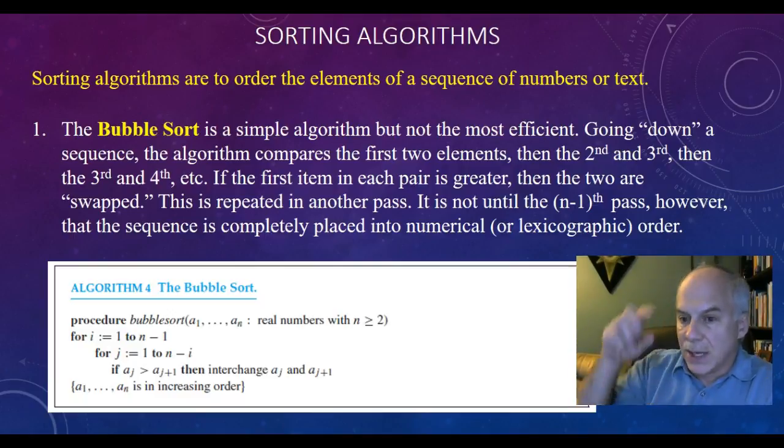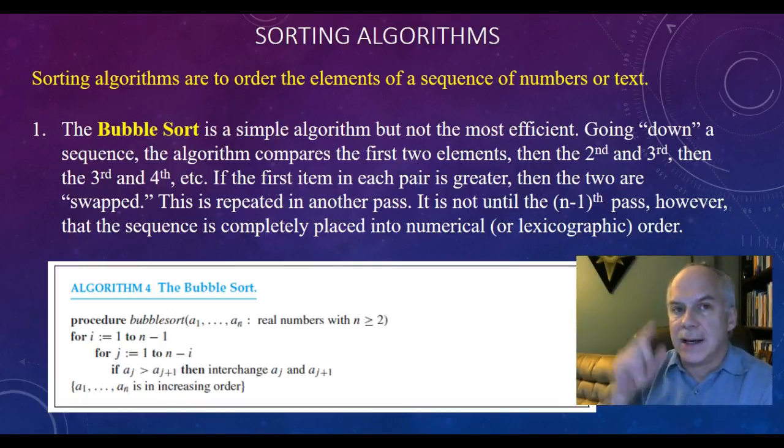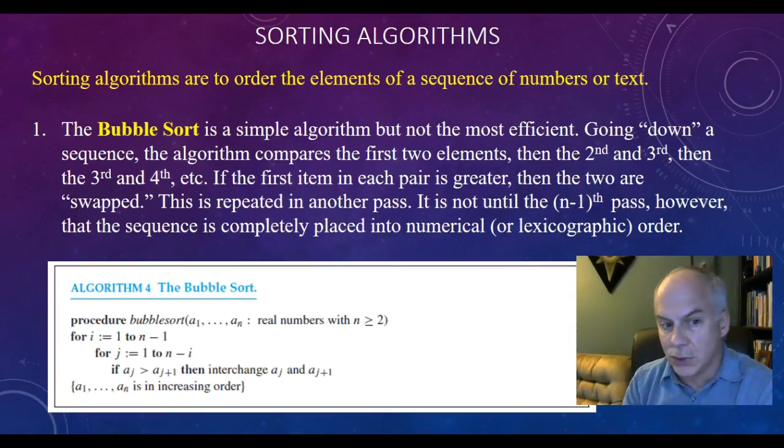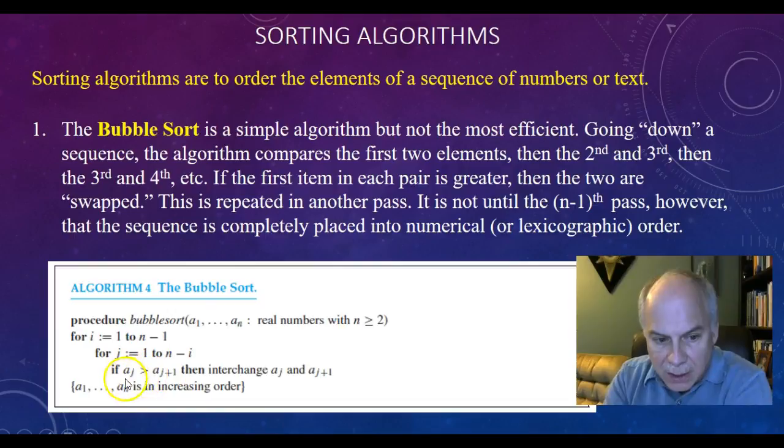It's not until the n minus 1th pass. And so that's a lot of comparisons. That's actually n times n minus 1 comparisons of numbers that it has to do, and swappings that it has to do, before it's completely placed into proper order. But as you can read here in the algorithm, it compares a sub j with a sub j plus 1, in other words, the next one.